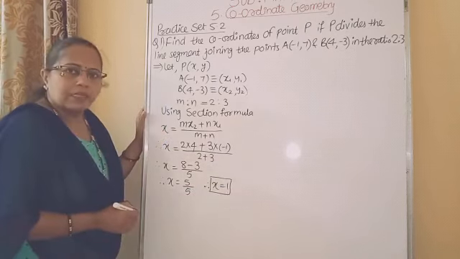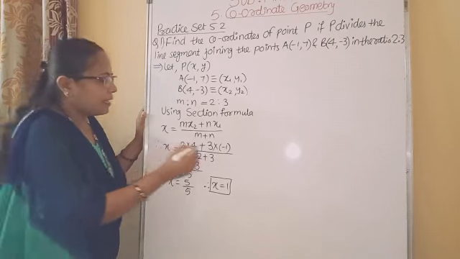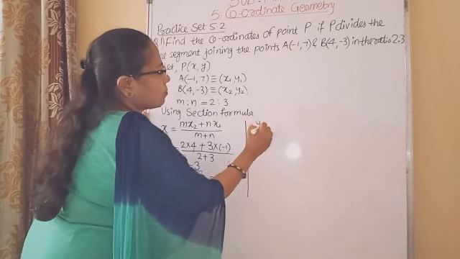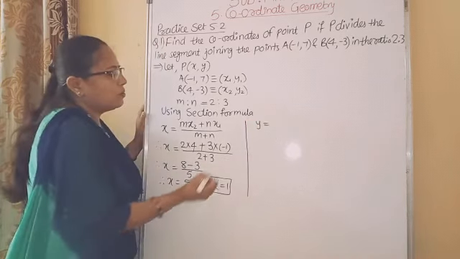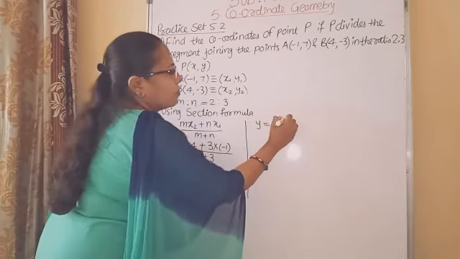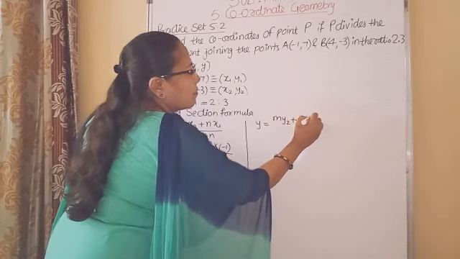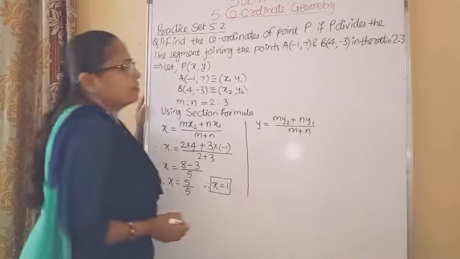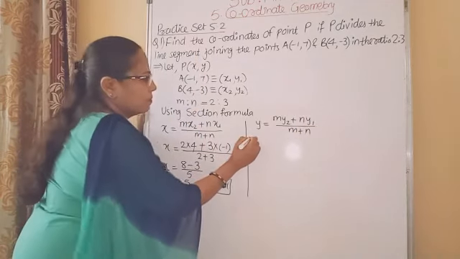We got x coordinate. Now we will find y coordinate. So for that we have to use formula y is equal to (my2 + ny1) upon (m + n). Okay.